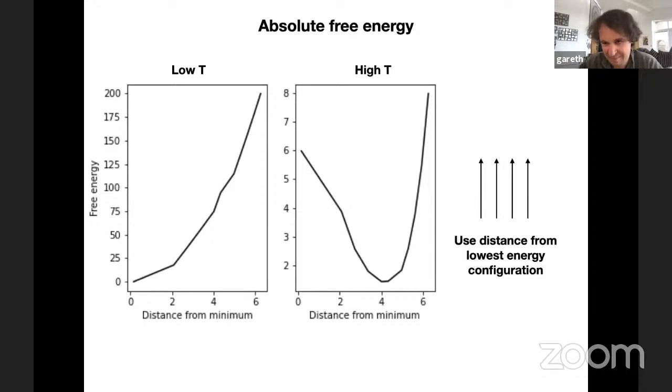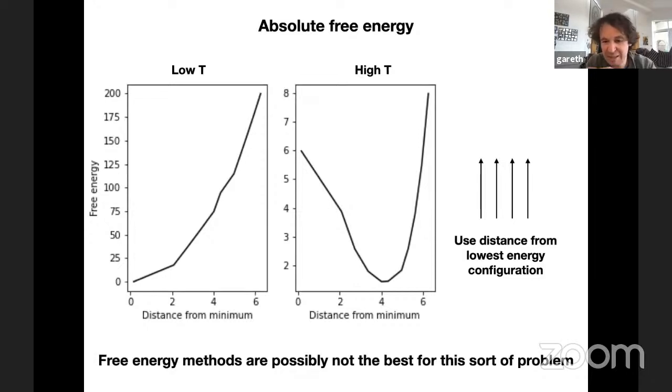But if we have a free energy landscape that has just a single minimum, a single funnel that goes down to a lowest energy state, there's possibly not any point in using these free energy methods.